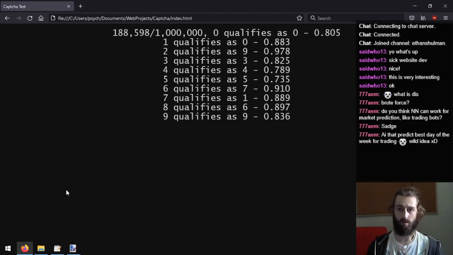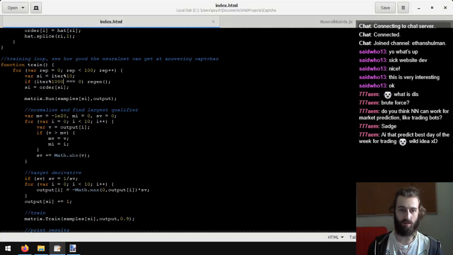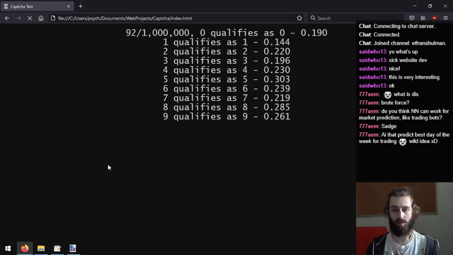Oh, so it trains lower and then spikes back up. But it actually seems to be focusing in on them better. That actually might be it. Let's try this.